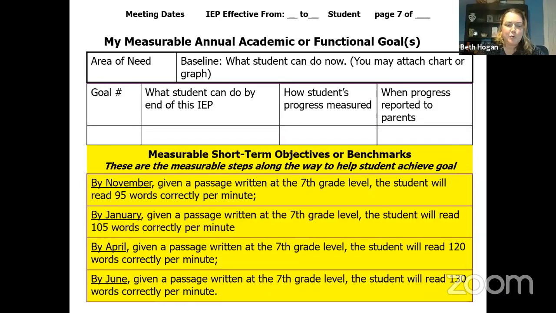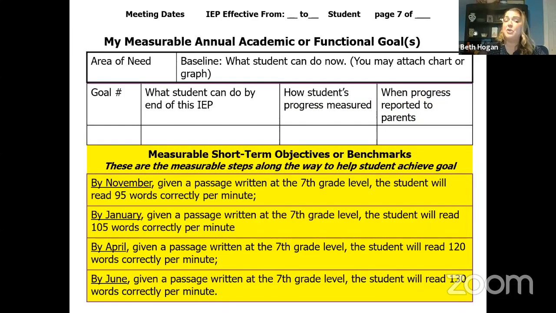This is a really great opportunity when you're looking at your students' progress. You come to November and you say, okay, I'm giving my student a passage that's written at the 7th grade level. My student can't read 95 words correctly per minute. Is that a problem? Maybe we need to go back and have this conversation.